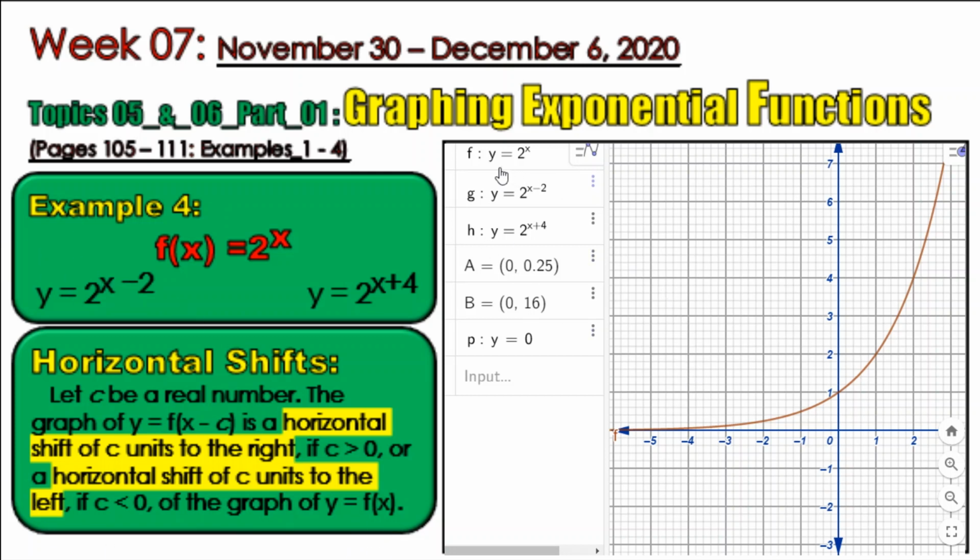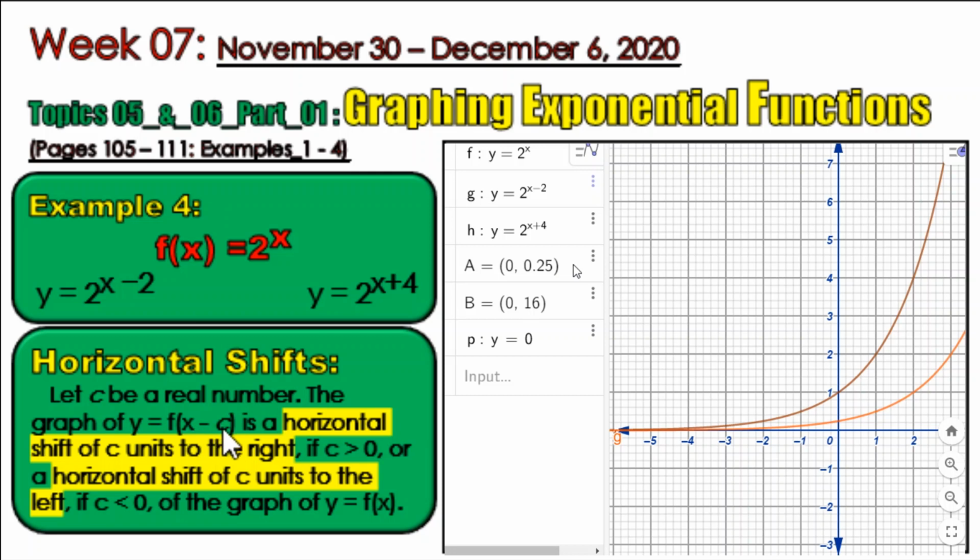From the function y is equal to 2 raised to x, if we have y is equal to 2 raised to x minus 2, our c is positive 2. Here y is equal to f of x minus c.